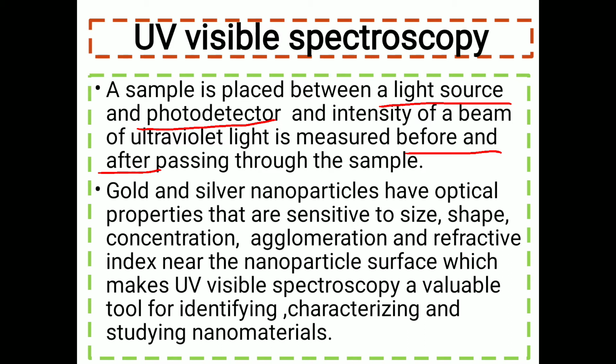For example, gold and silver nanoparticles have optical properties, that is, they are sensitive to their size, shape, concentration, agglomeration, and the refractive index near the nanoparticle surface, which makes ultraviolet visible spectroscopy a valuable tool for identifying, characterizing, and studying nanomaterials.